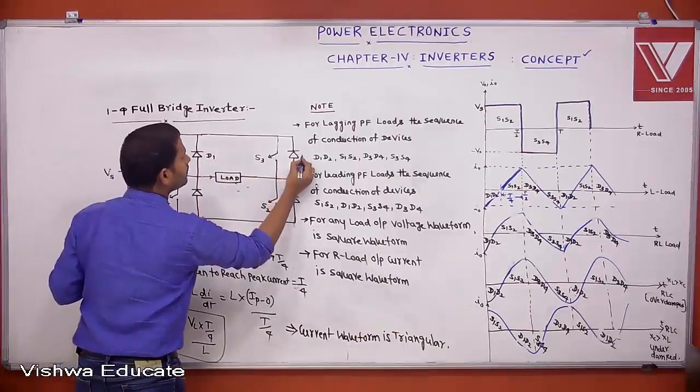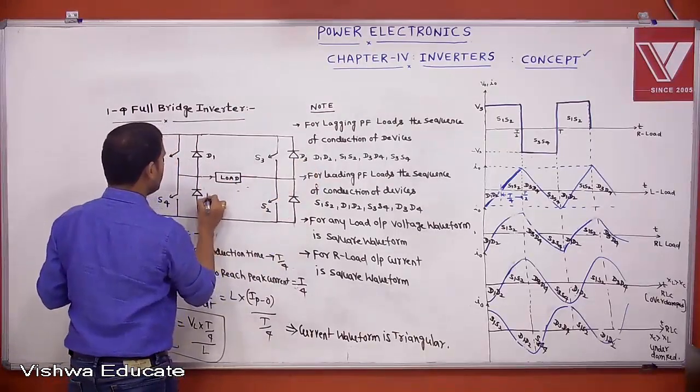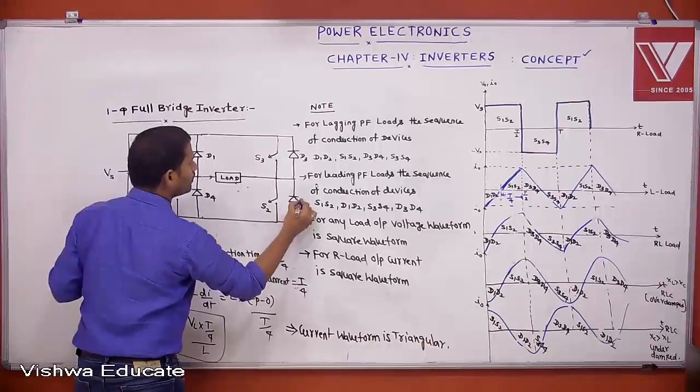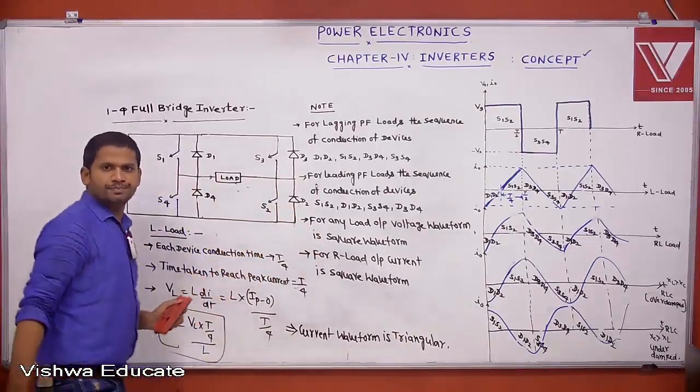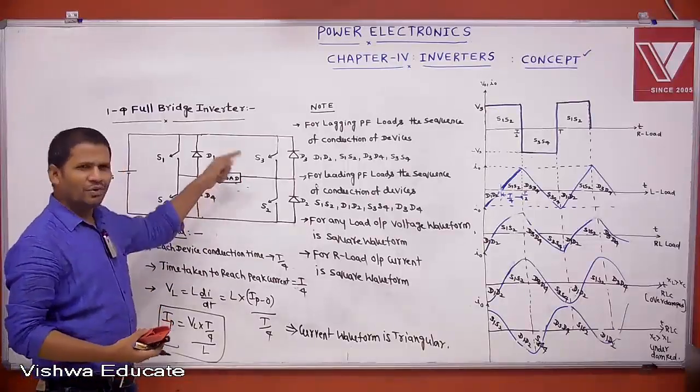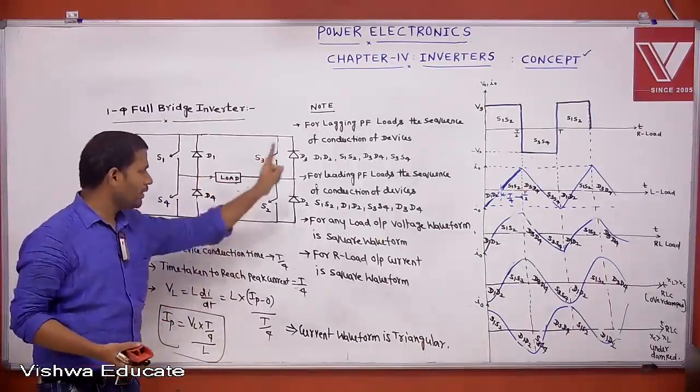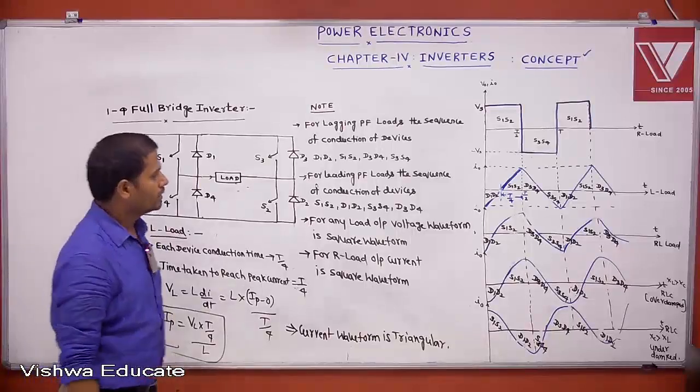This D1, D3, D4, D2. This is over. This is already done, no need to draw this one. Just note the points. You know these points.